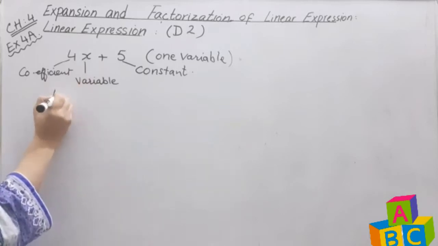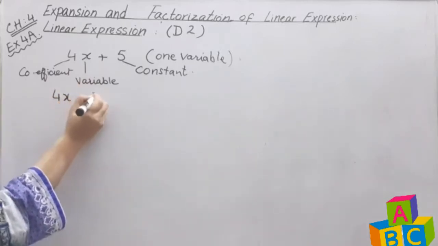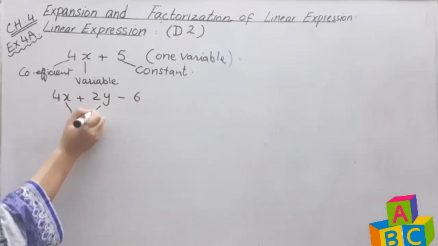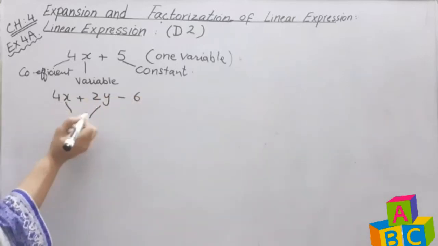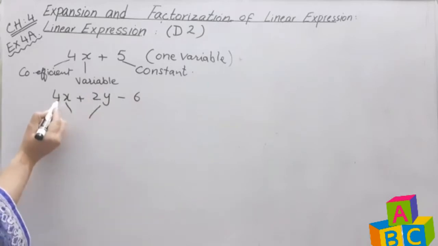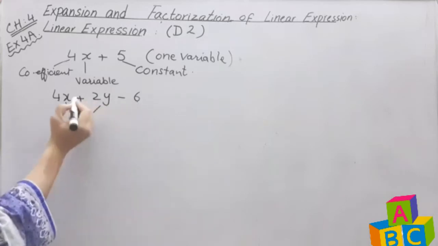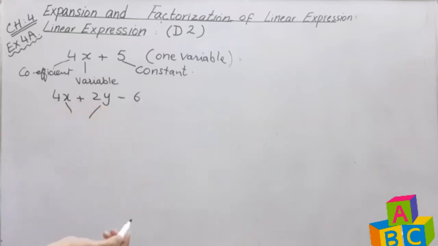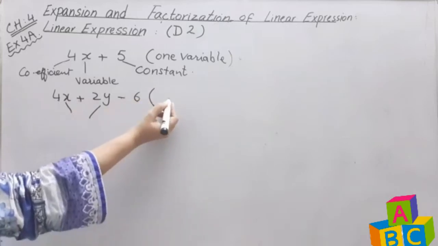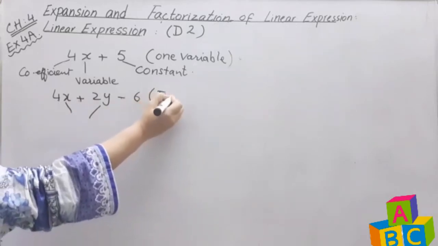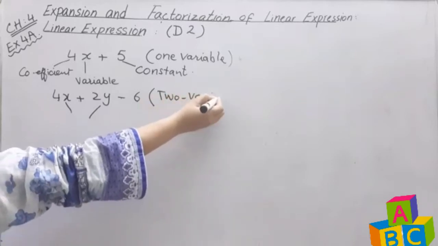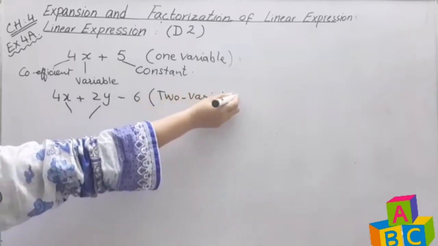If I write 4x plus 2y minus 6, here two variables x and y are involved. The 2 and 4 are coefficients, 6 is the constant, and plus and minus are the operators. With the help of these operators we do the questions. So in this chapter there are two variables.